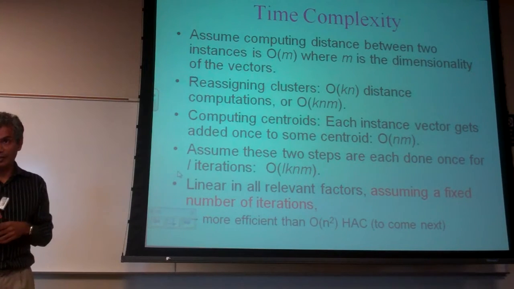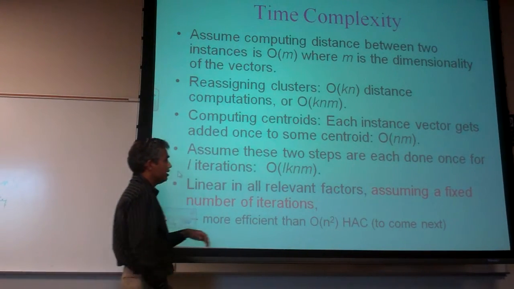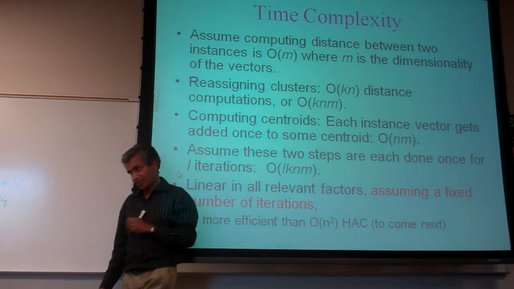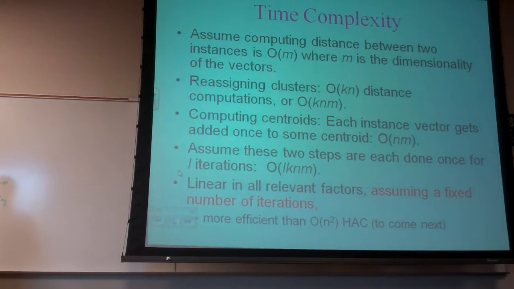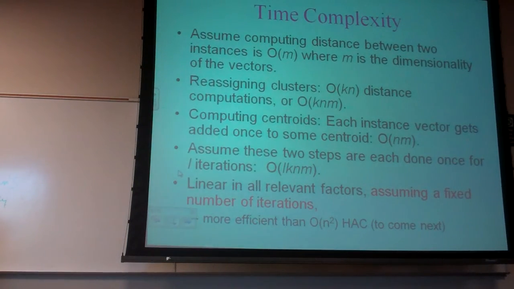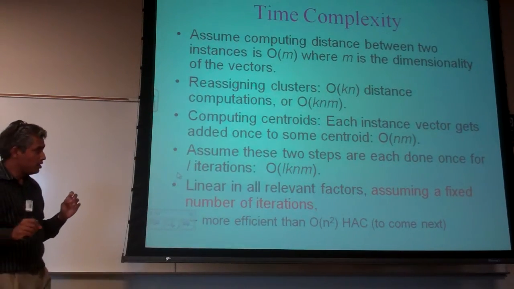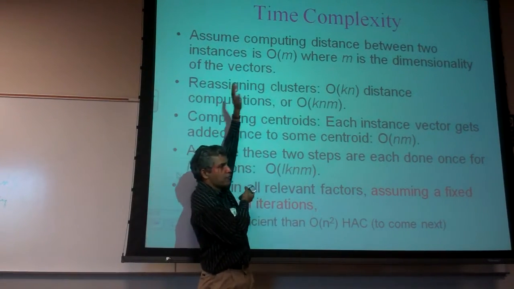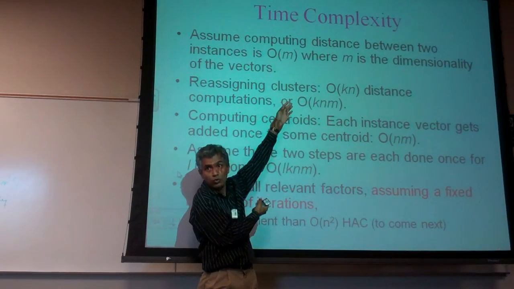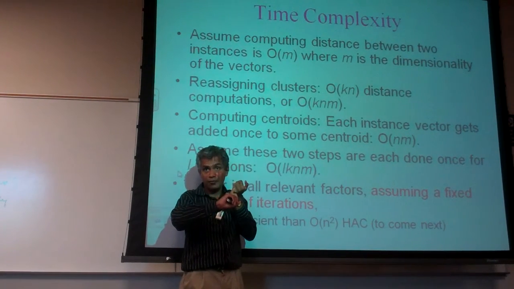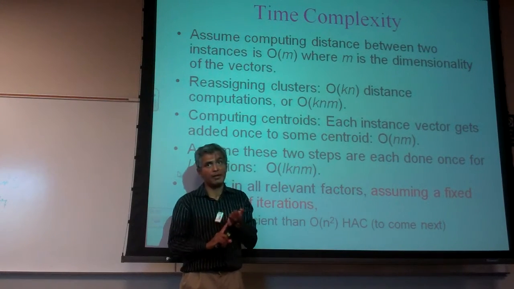It's a good algorithm. In a minute we'll see hierarchical agglomerative clustering, which is a square algorithm. So it's quadratic in the number of data. Okay, so the reason people like K-means is it's fast, but it requires K to be given upfront, and it also goes to suboptimal solutions.